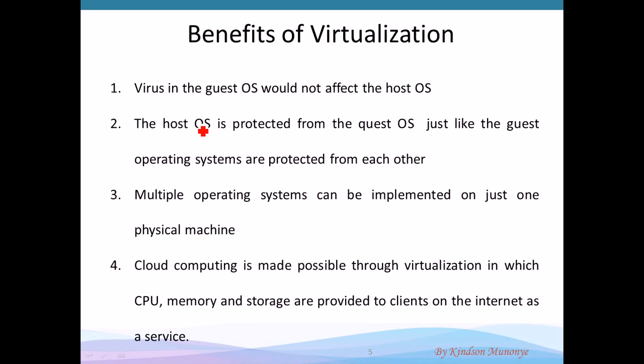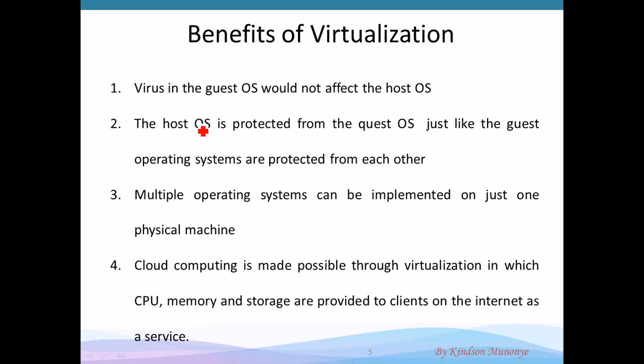So a virus in the guest will not affect the base operating system, and a virus in one operating system cannot be transferred to another operating system. They are completely abstracted from each other. The next one: the host operating system is protected from the guest. So if the guest crashes, the host is intact, nothing happens. If one operating system crashes, the other one continues to function, and that's great.